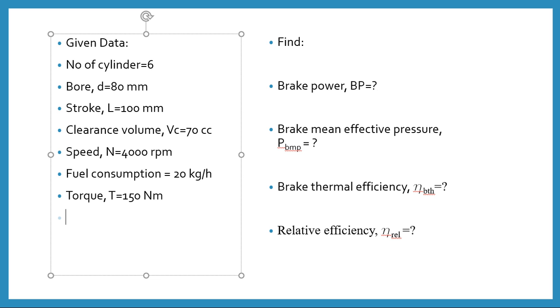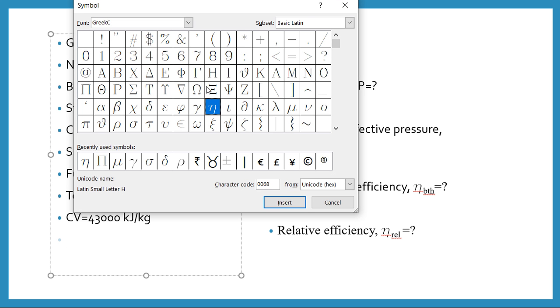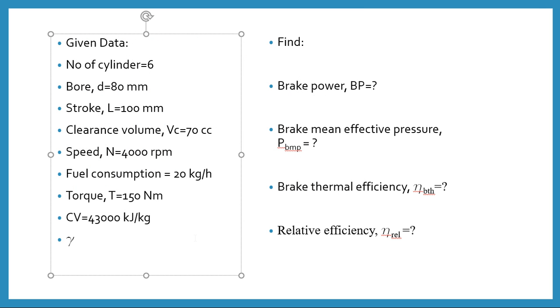Those are the calorific value of fuel equals 43,000 kilojoule per kg, and the value of gamma equals 1.4.